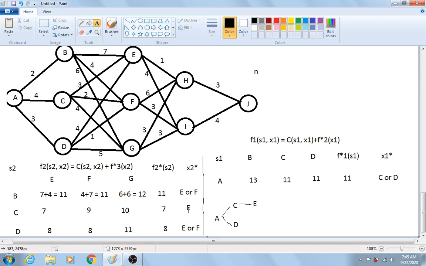From C we can go to E. And from D we can go to E or to F.